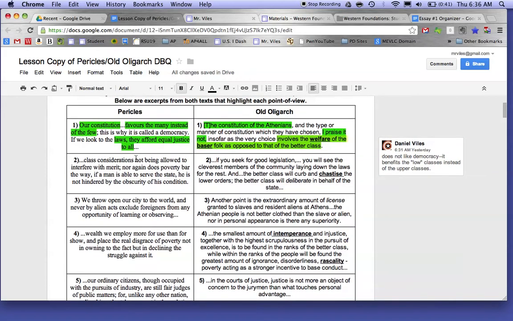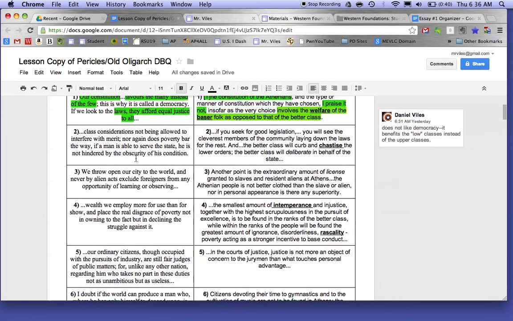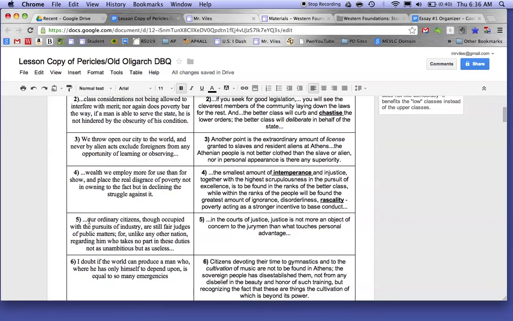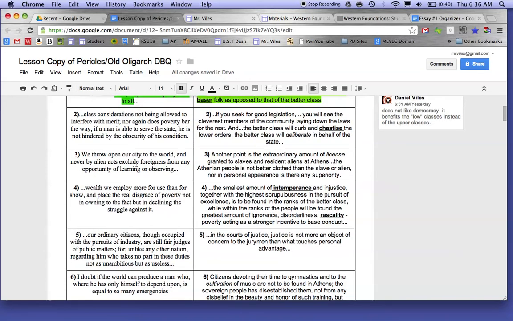Well, he says a lot, for instance, in 5 and 6, he's talking about how the democratic man is excellent, and very capable. He talks here about poverty, and he talks in 2 and 4 about poverty. So there's something here about poverty not being a punishment in a democracy, that in a democracy you can rise above poverty.